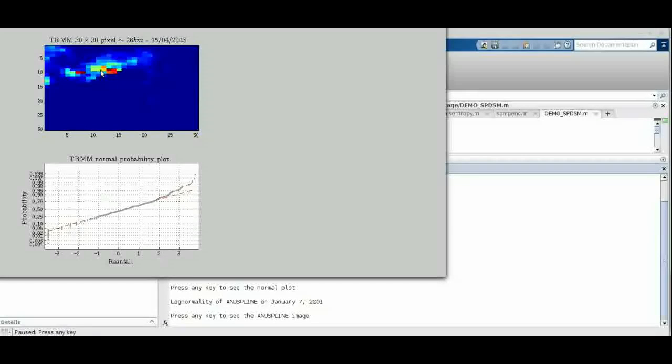If this data is log normal, we can transform it into normal information so that we can run this test, and then we can transform it back to log normal information. We observe that log normality holds for this specific snapshot. However, we know that this is going to hold for all the snapshots from January 1st of 1999 to December 31st of 2006.